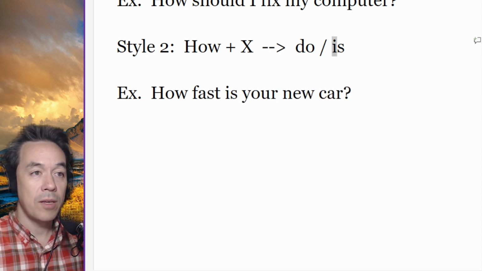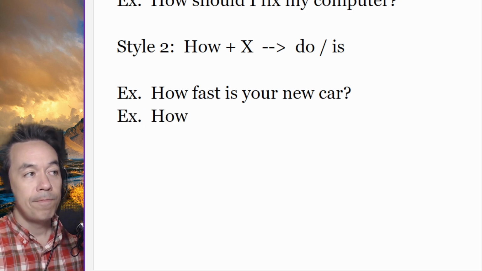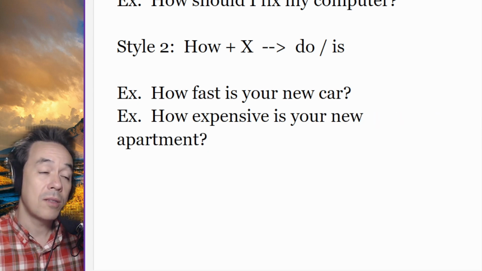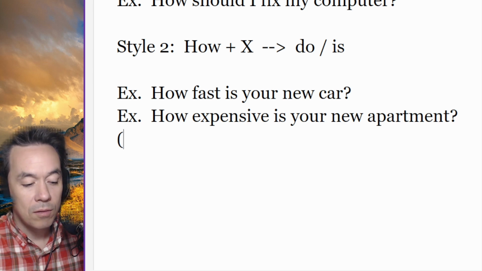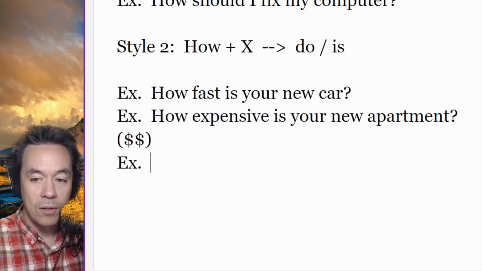Okay, so this is the adjective version here. Or let's see, how expensive is your new apartment? Okay, that's an easy one, because this one also means a money level, so it's easy to find the level.